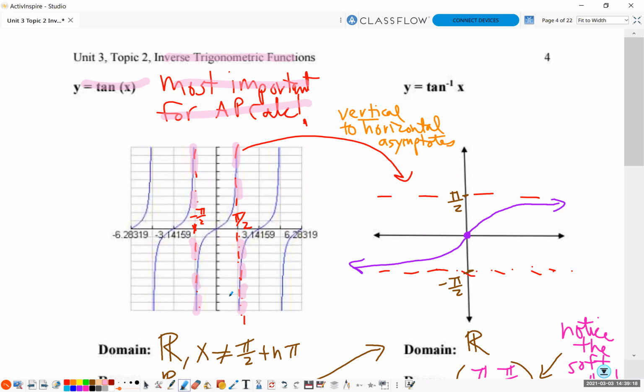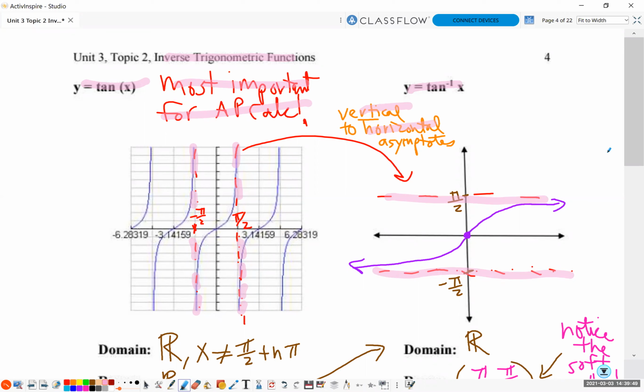So graphing tan inverse is actually pretty easy because your vertical asymptotes become horizontal asymptotes at pi over 2 and -pi over 2. Those values should sound familiar to you because we just used that range and domain for sine.